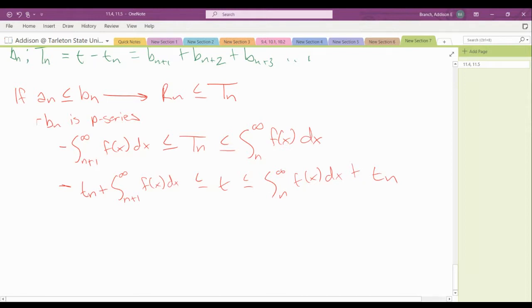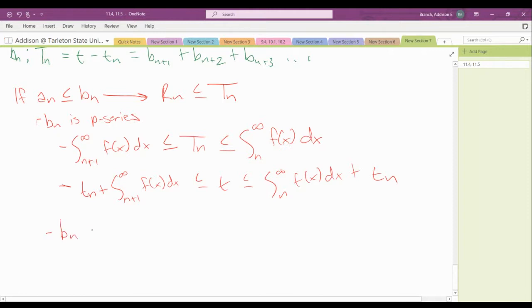If you want to read more about this, I would definitely check your book, your prof's videos and your notes. Because like I said, we didn't really get a chance to go over that in our review session. But this is essentially the process you're going to use whenever B is a p-series.